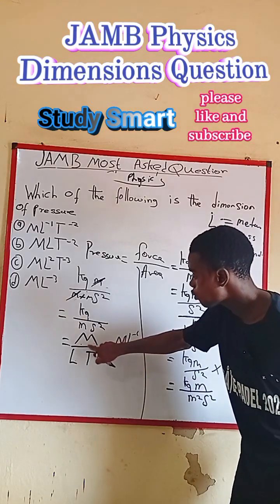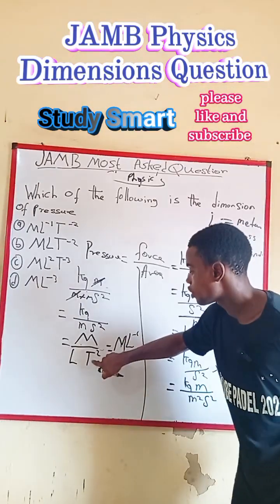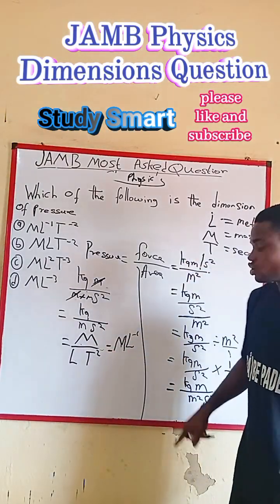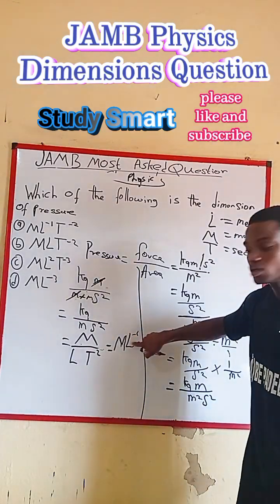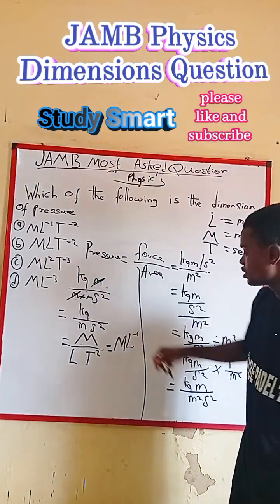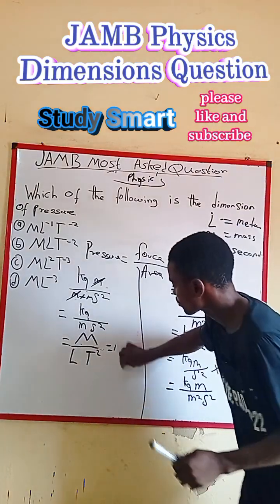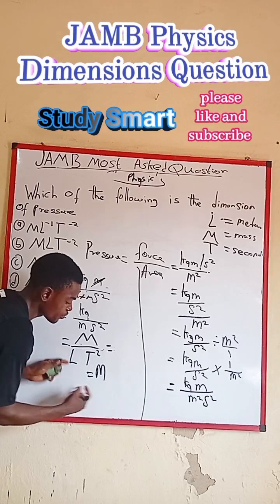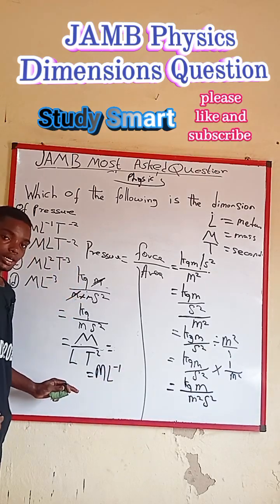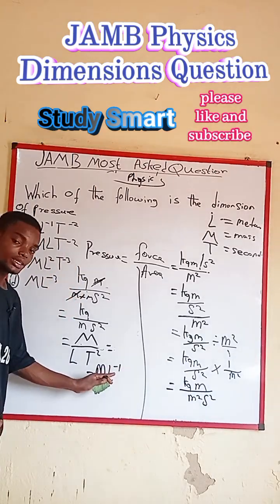This means M per L per T square. So it now becomes M per L. That is what this minus 1 here means. And I'm still going to have it as, let's put it down here where there's space, capital M, L per, M per length.